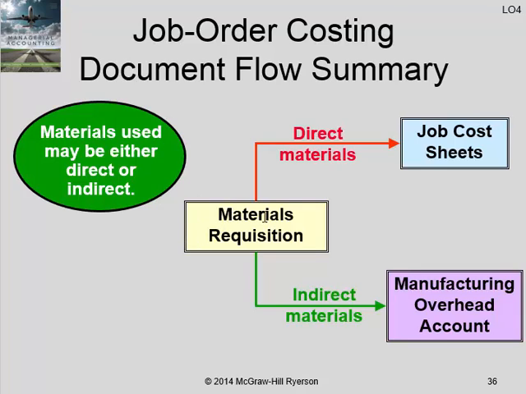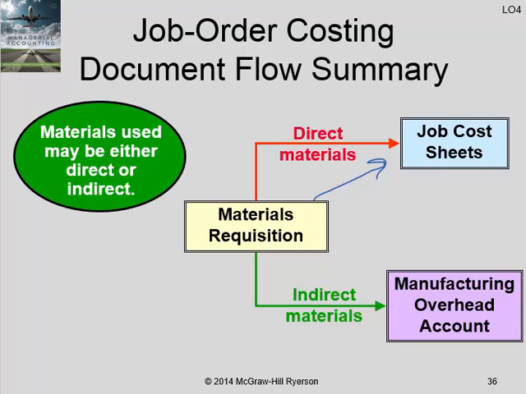If it is a direct material and can be economically traced, it'll either go to the job or it will go into basically a bucket, a manufacturing overhead control account that just sits there and accumulates the actual cost of overhead as the month goes by.